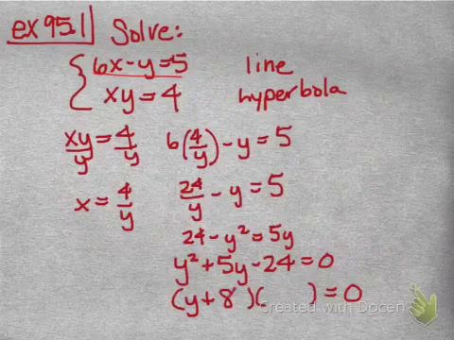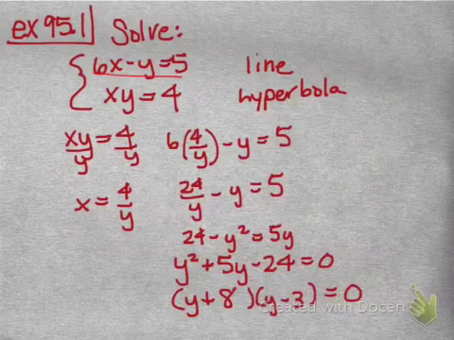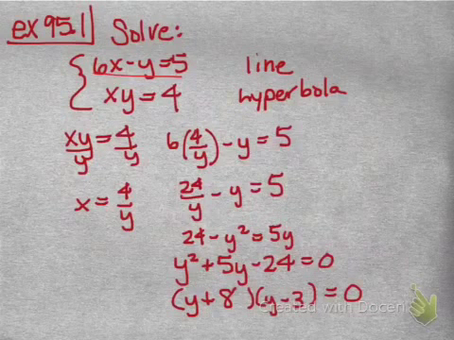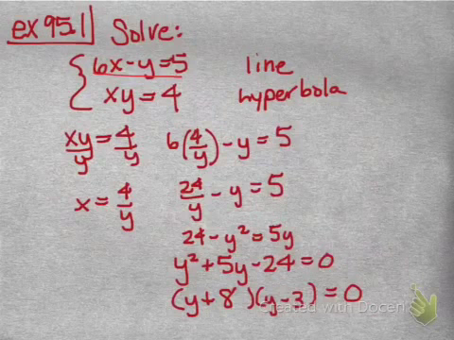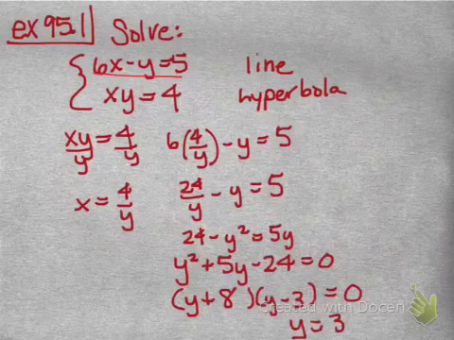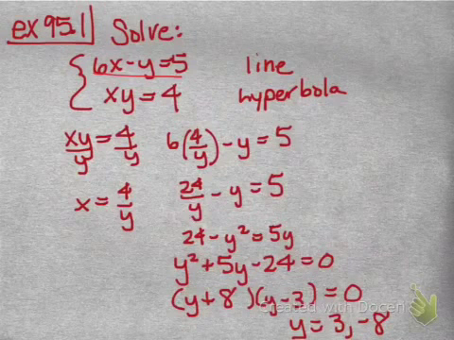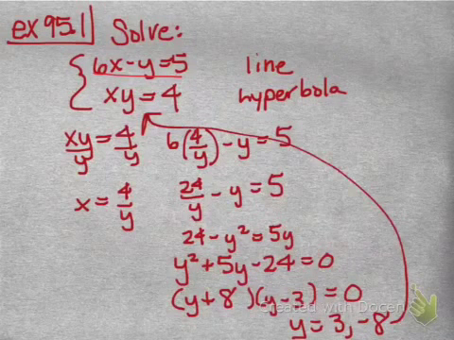When we factor this, if we multiply positive 8 and negative 3, we get negative 24, and we add to get positive 5. So the solution in this case is y equals 3 and negative 8.